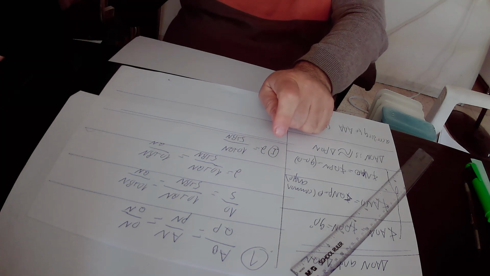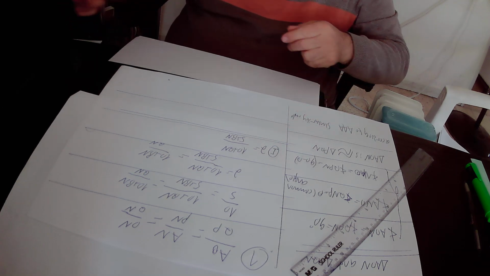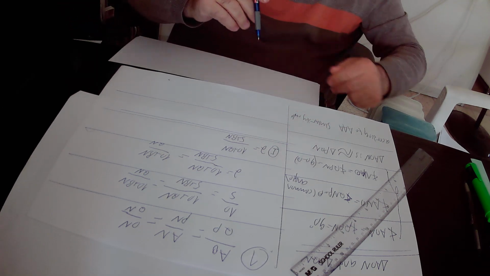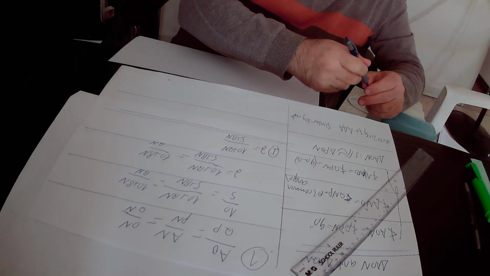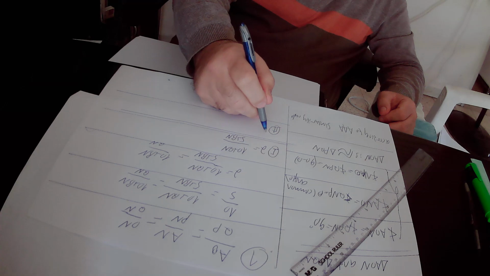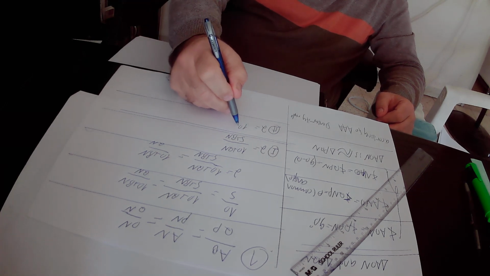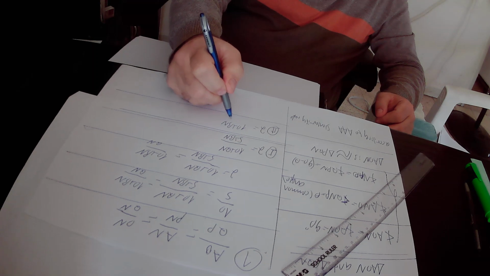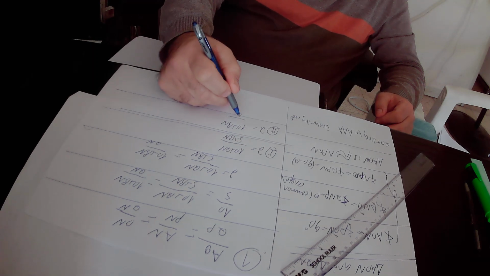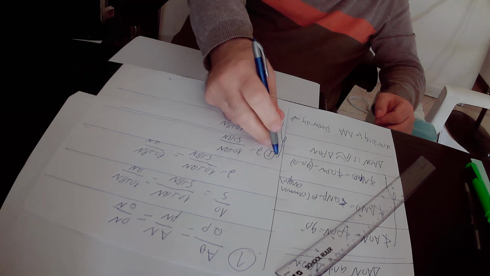So according to equation number 2, we will get that 2 equals 10 plus BN over QN. So we have here two equations.